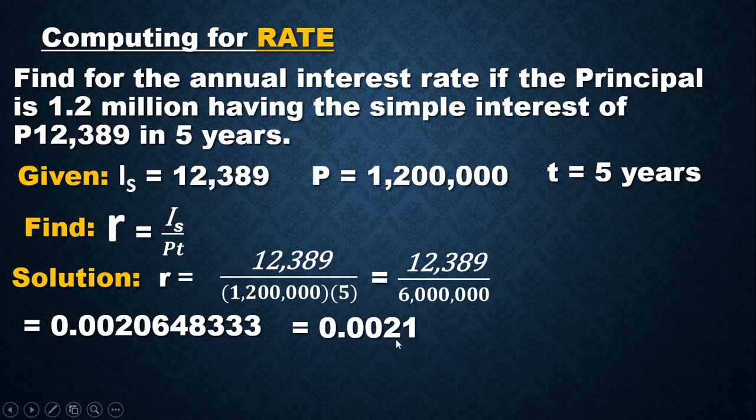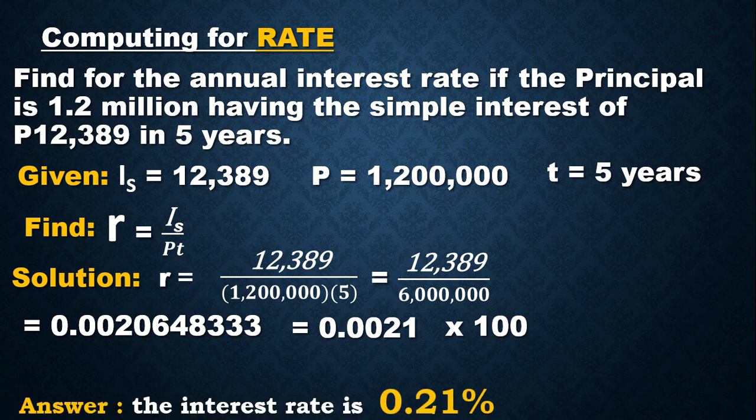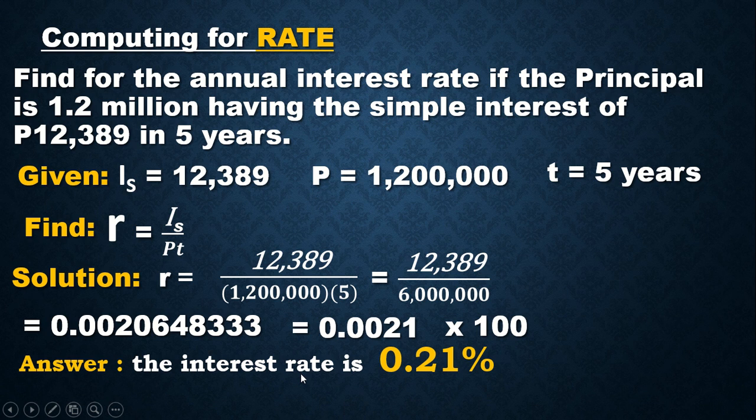At dahil po nakakuha na po tayo ng dalawang numbers after those zeros, mandatory po or lagi nyo po ito i-multiply sa 100. 0.0021 times 100. So, ang interest rate po na ibinigay ng bangko sa pinuhunan nating 1.2 million ay 0.21%. Again, minultiply po natin itong 0.0021 times 100 kaya naging 0.21%.